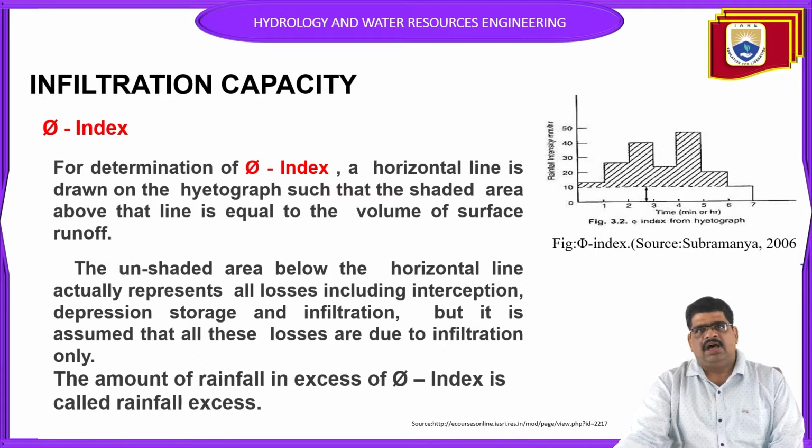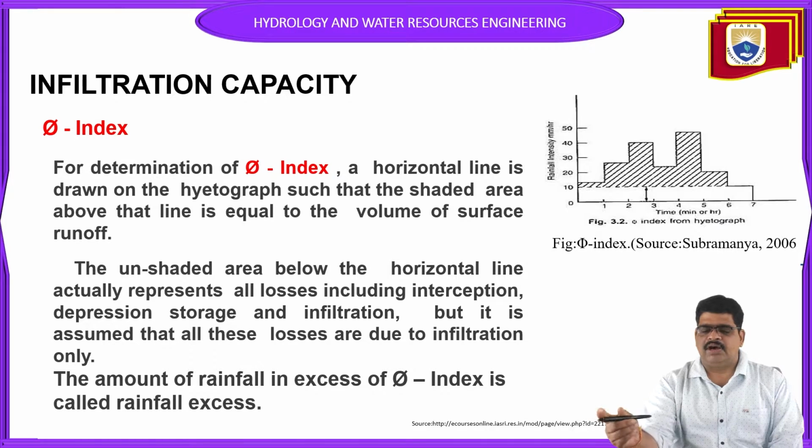So in the Phi index, how do we calculate the infiltration capacity using the hyetograph? What is meant by hyetograph? A hyetograph is a graphical representation with duration on the x-axis and intensity on the y-axis.